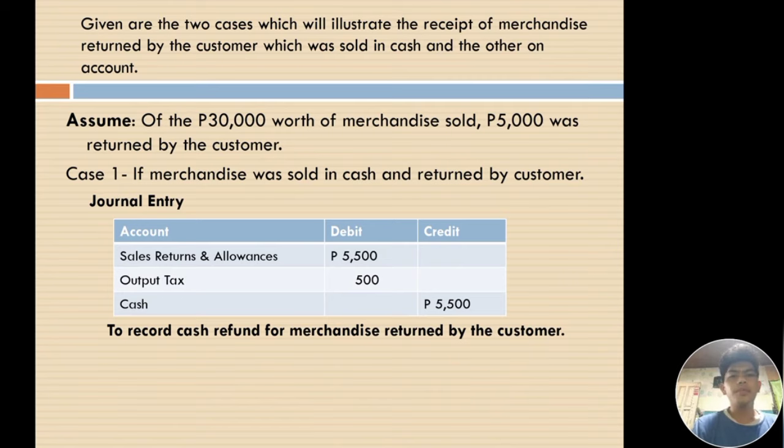Journal entry: Sales Returns and Allowances, debit 5,000; Output Tax, debit 500 pesos; Cash, credit 5,500, to record cash refund for merchandise returned by the customer.